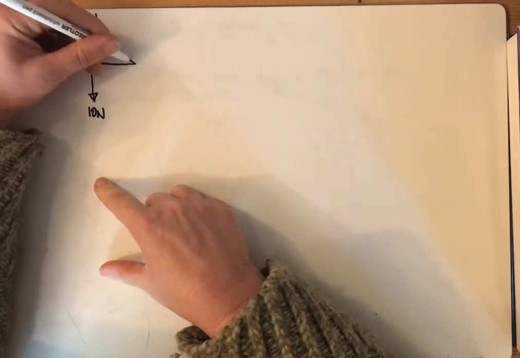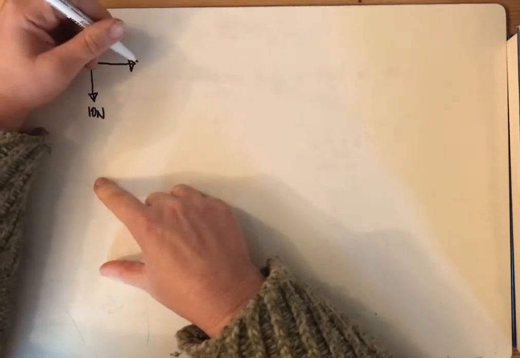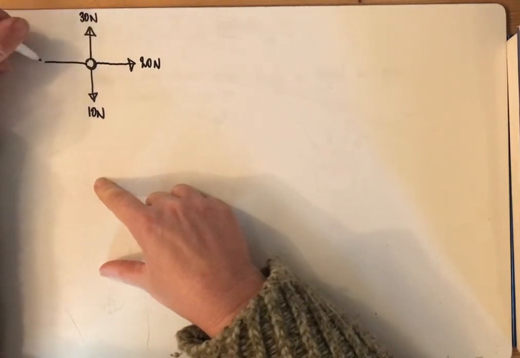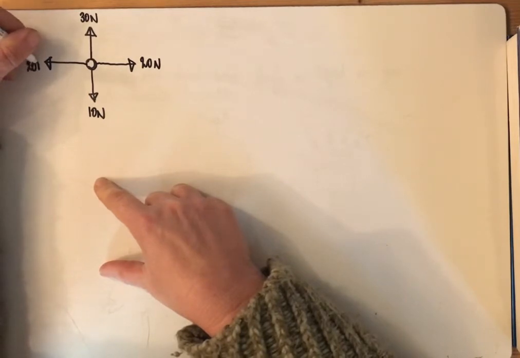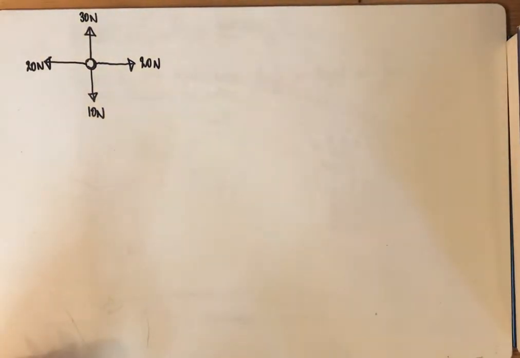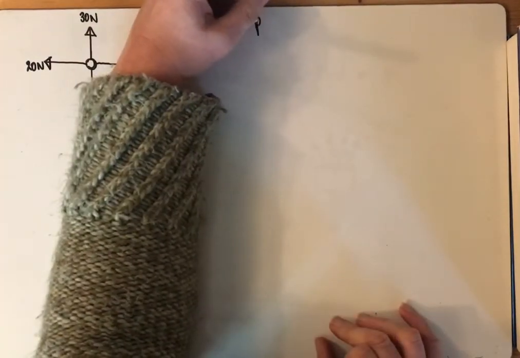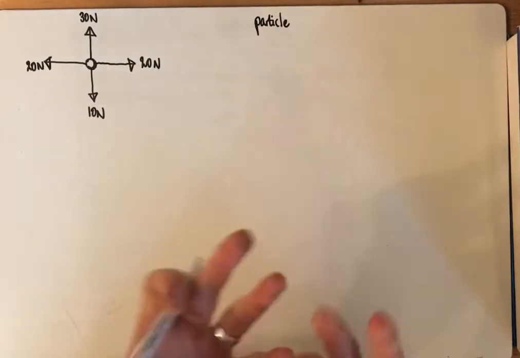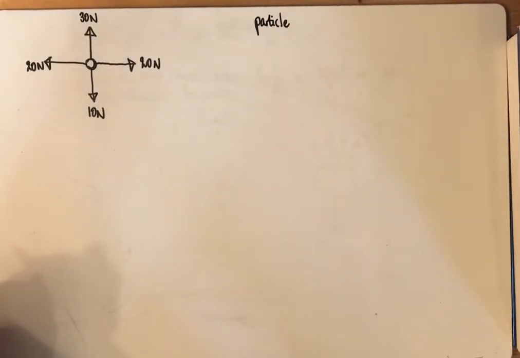So we just model them as particles, so you don't have to worry whereabouts the weight is being acted through. So there's my particle. A particle doesn't have any dimensions. It's just a way to model something.